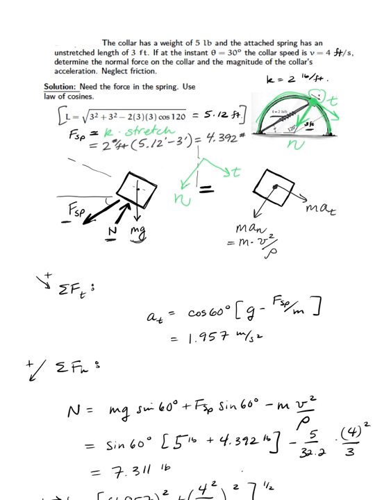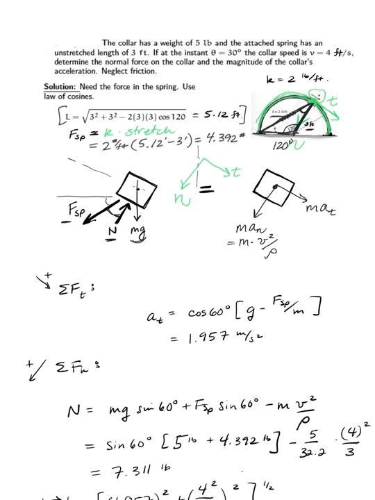So what I want to do, though, is highlight some of the geometry in here. At the location that it's located, we're told you've got 120 degrees, and we've got a triangle sitting right there. What I'm going to want to know is the angle right here, because we're going to have to use equilibrium equations. So I need to know the angle between the normal force and the force of the spring.